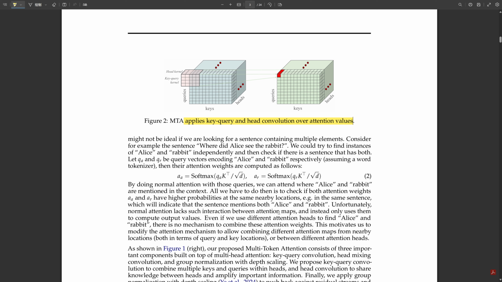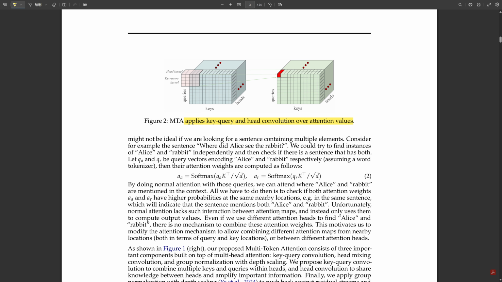But standard attention, in its basic form, doesn't have a way to directly pick out the places where Alice and rabbit are together, like in the same sentence, actually interacting. So it could pick up on all the Alices and all the rabbits scattered around, but miss the sentences where they're actually connected. Exactly.